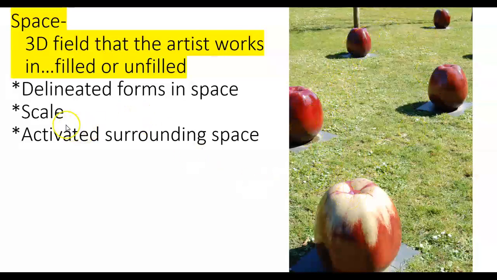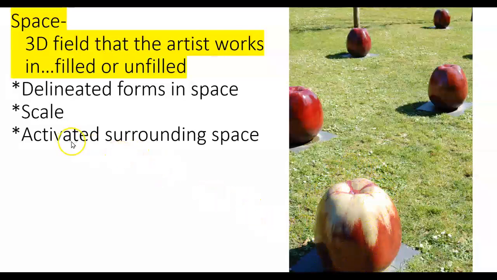We can talk about scale when you're talking about space. In this case, the scale of these is larger than life. A real apple would just be a tiny thing down here, but the scale on this is very much enlarged.